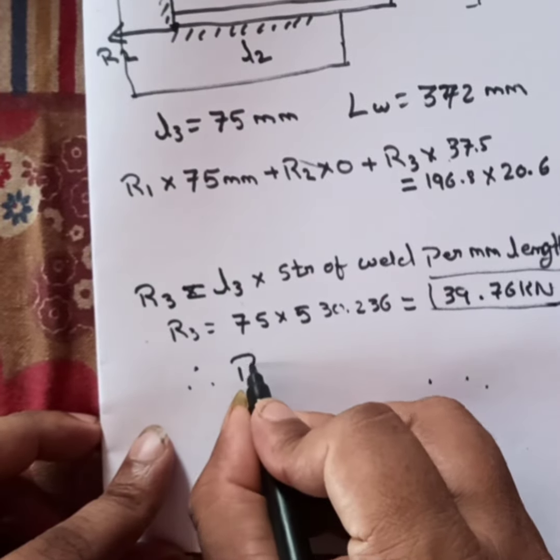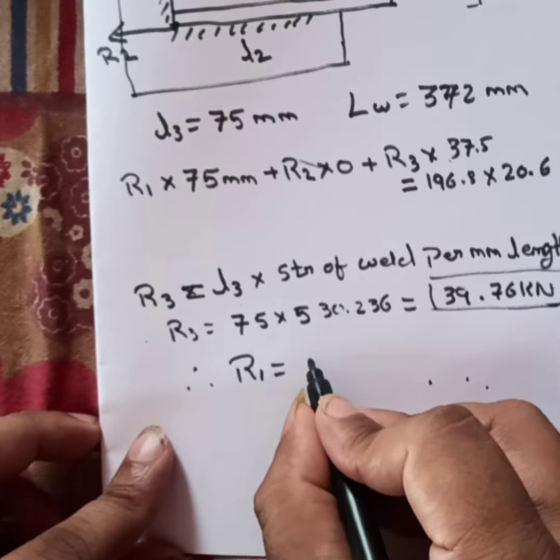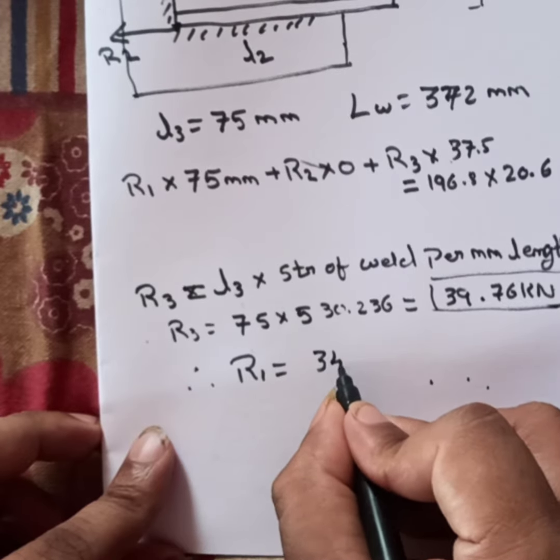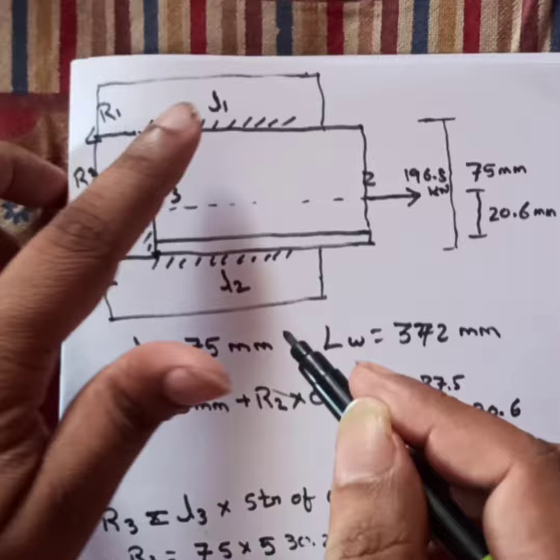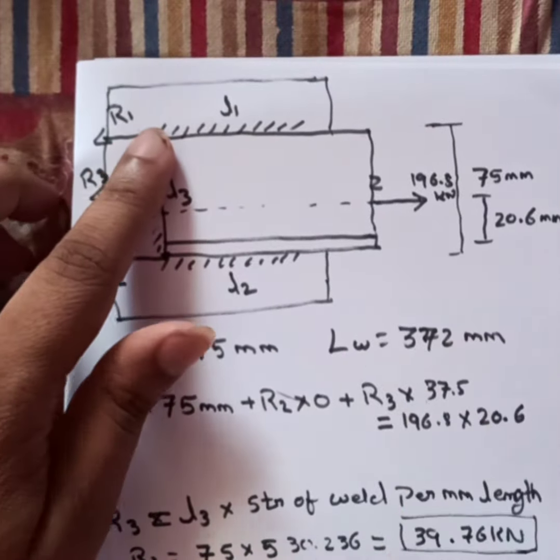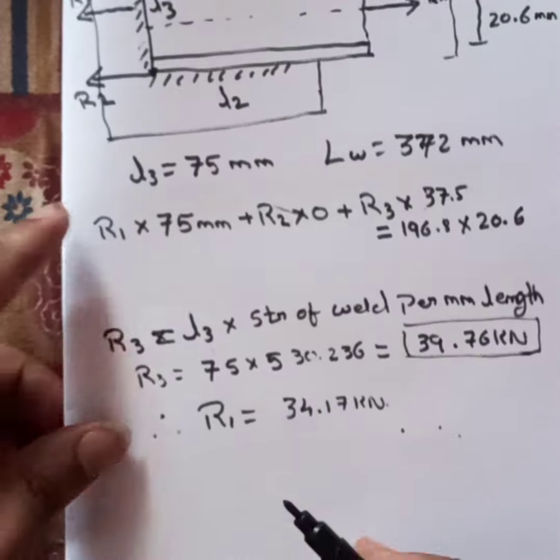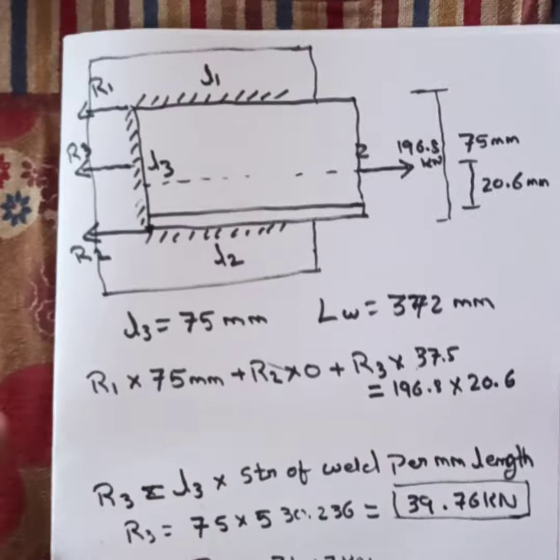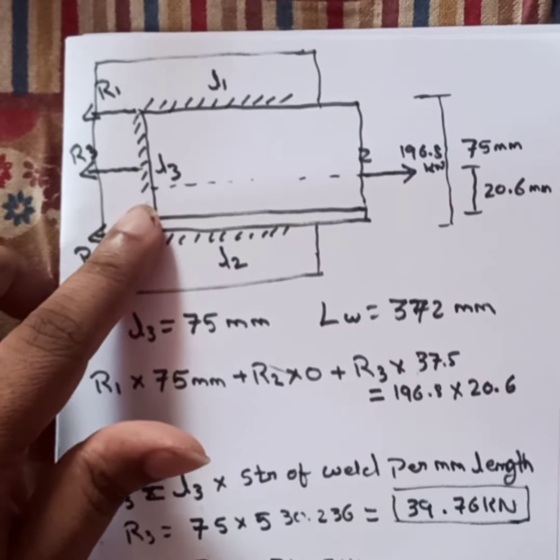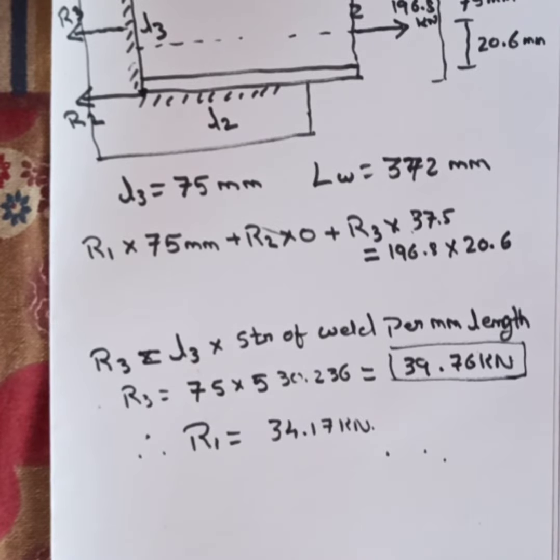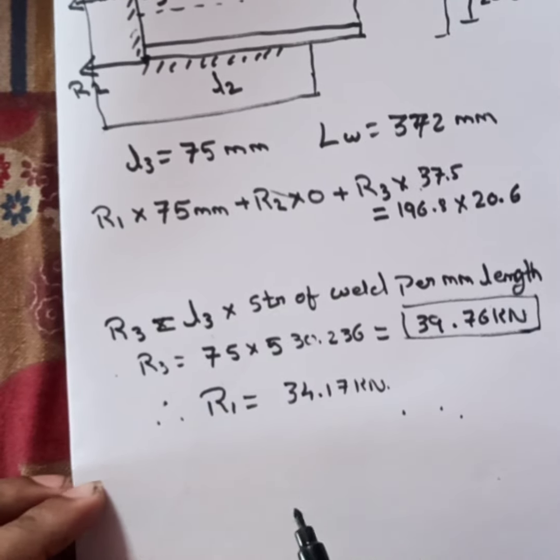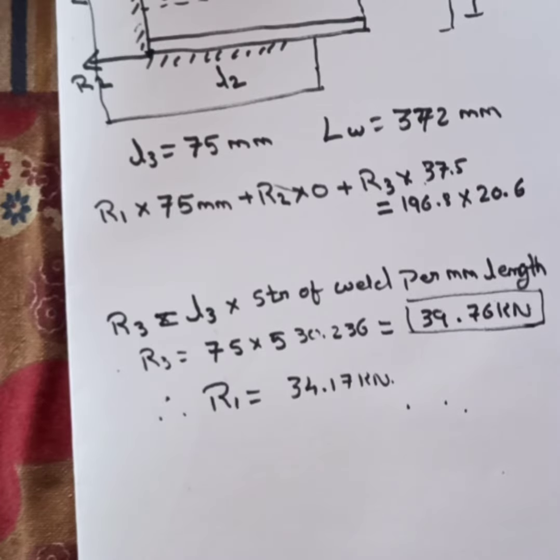Now substituting this value of R3 in this equation, we will get R1. Therefore R1 is 34.17 kilonewton. That means this length of the weld will take 34.17 kilonewton of load, and this length of the weld will take 39.76 kilonewton. Now we need to find the lengths.